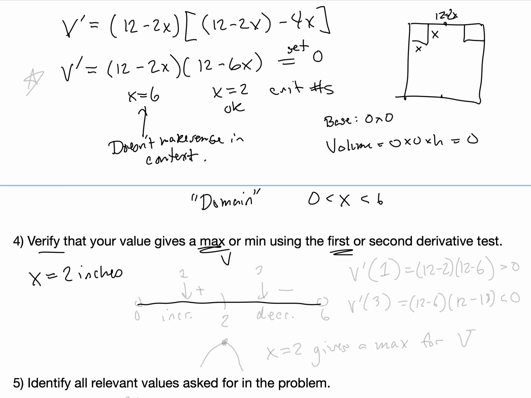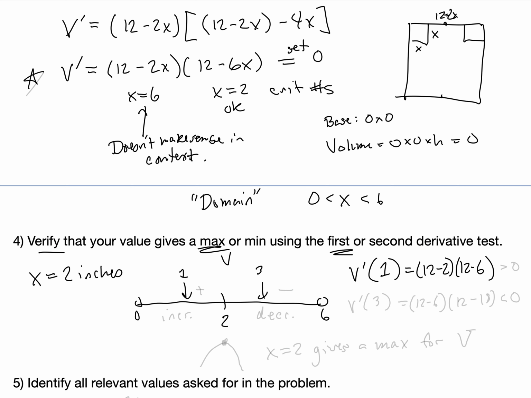So I'm going to make a number line over the domain from 0 up to 6. And I'm going to test points before 2 and after 2. So I could test 1 and I could test 3 in the derivative, v prime. So v prime of 1, we know that that is 12 minus 2 times 1 times 12 minus 6 times 1.